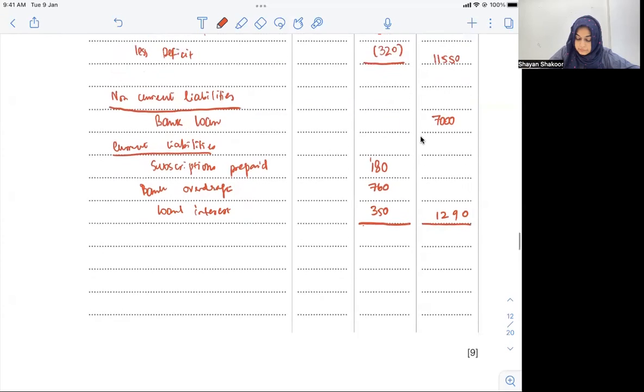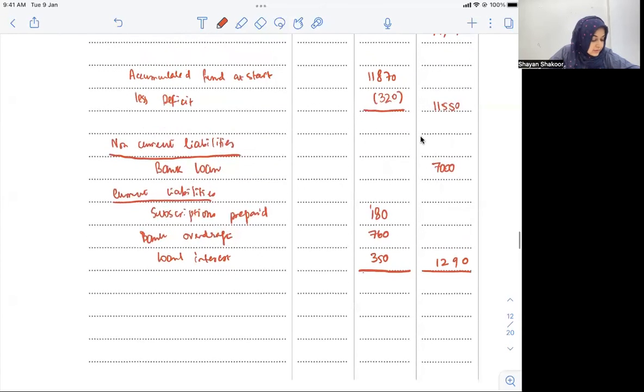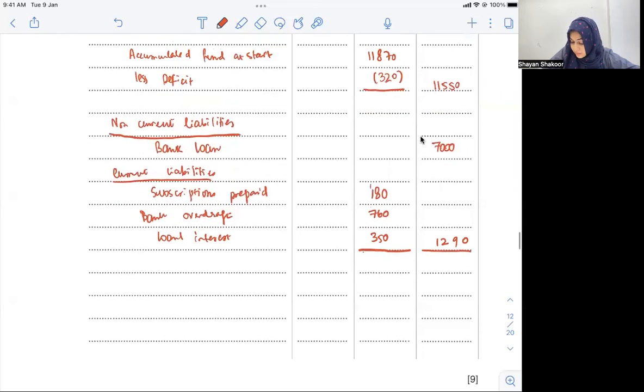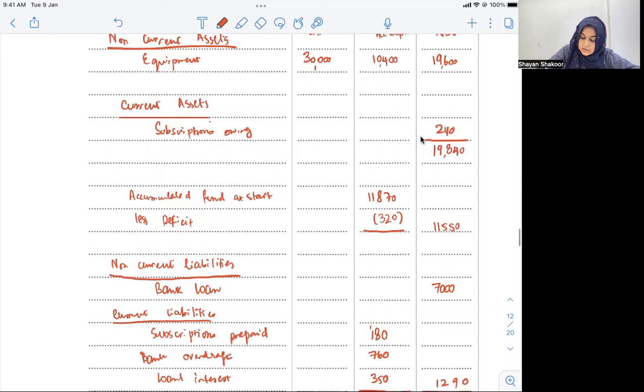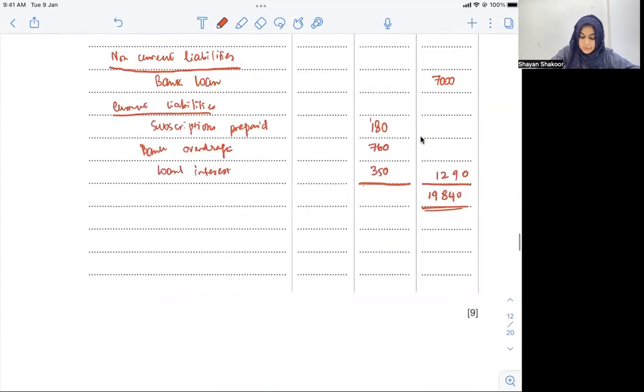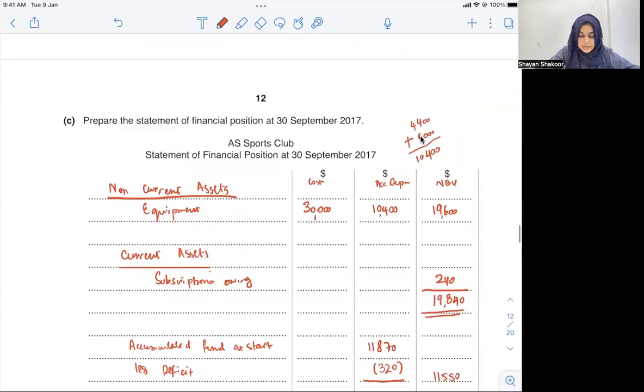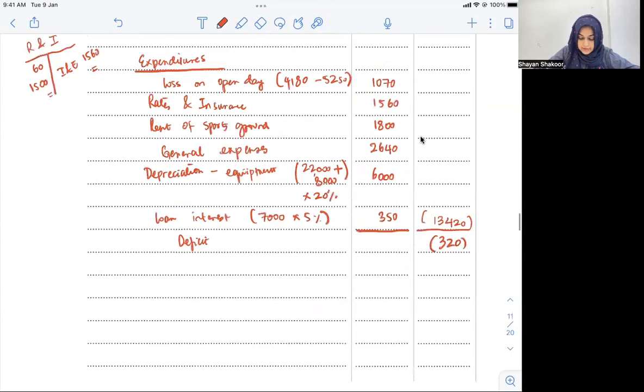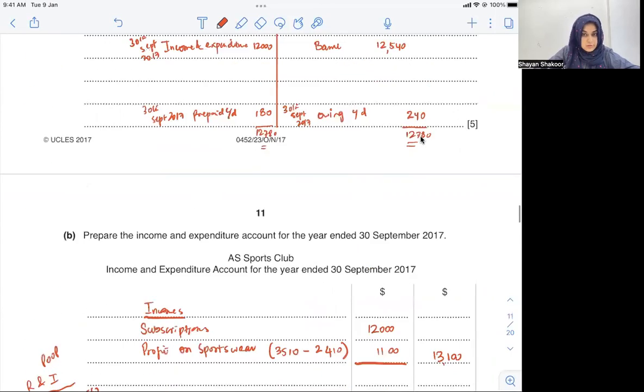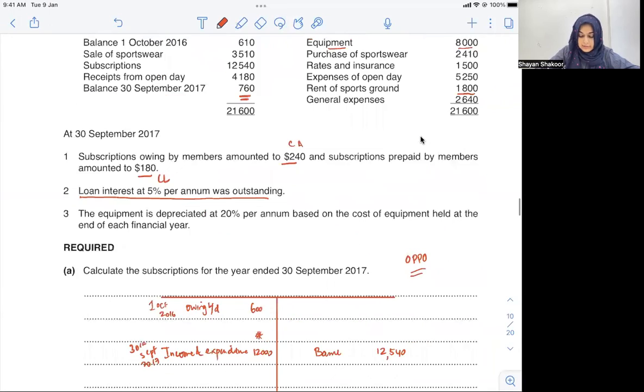So now if we total 11,550 plus 7,000 plus 1,290, that will give us 19,840. And then our statement of financial position will balance at 19,840, which means everything we've done is correct. Yes, we've applied all the rules, so we can say it's correct.